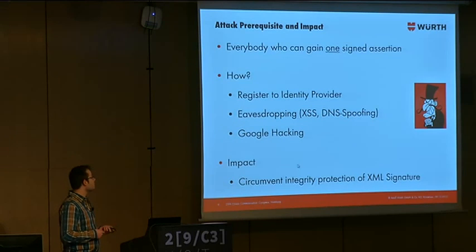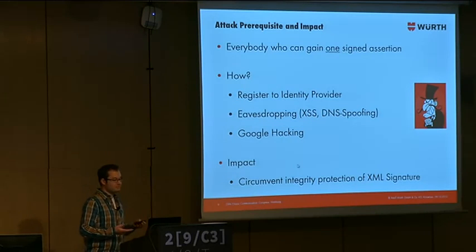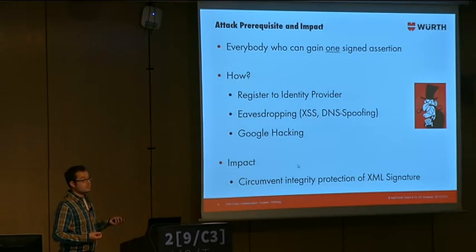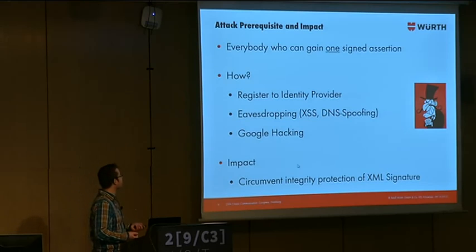This is a little bit trickier, but also possible. And the third way, which is my favorite way, is to simply ask Google. Because if you search for an assertion, there are many posts on the internet from developers who have problems with the SAML protocol, and they posted their validly signed assertions. And you can get them for free from there.